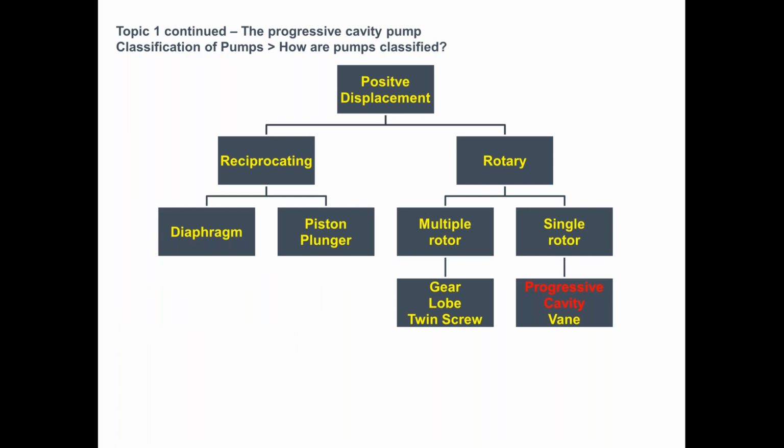We have reciprocating pumps, which are like diaphragm and piston or plunger style pumps. And then you have rotary pumps. Within the rotary category, there's multiple rotor pumps, as in a gear or a rotary lobe pump. And then you have a single rotor pump, which is a progressive cavity pump, also called an eccentric screw pump, or some people call it the worm pump.